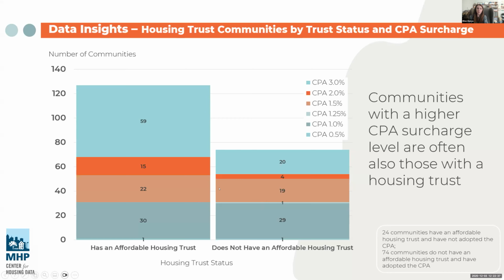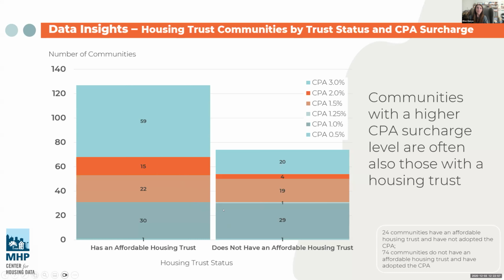Up through this medium orange bar of the 1.5% surcharge level, we have really similar numbers of communities. What becomes more interesting is that when we get to the higher surcharge levels, these are really concentrated in communities where you have an affordable housing trust.